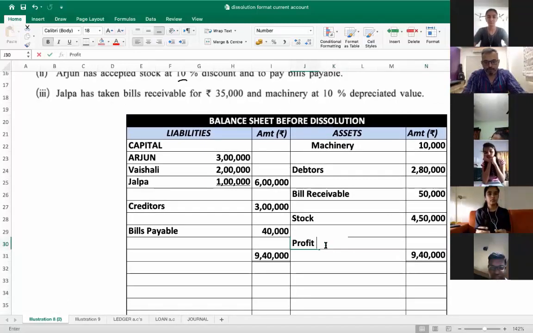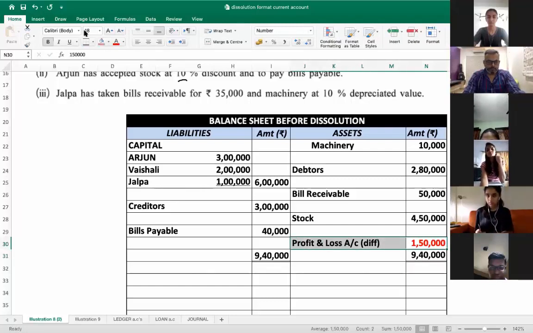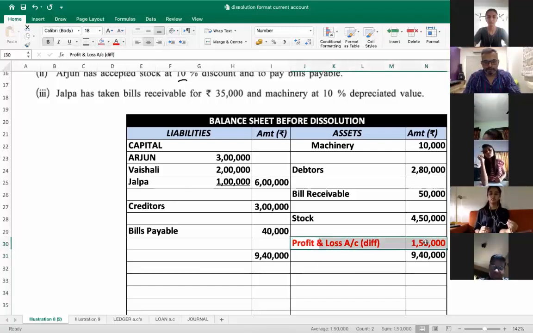So we write profit and loss account, difference. And the loss is 1,50,000. All of you understood this? Please mark this, very important.